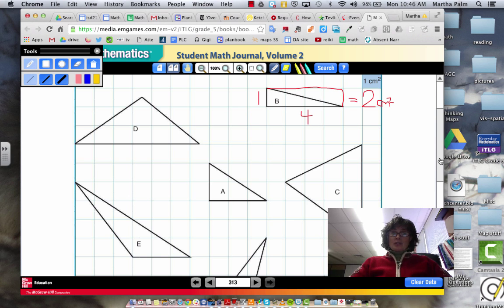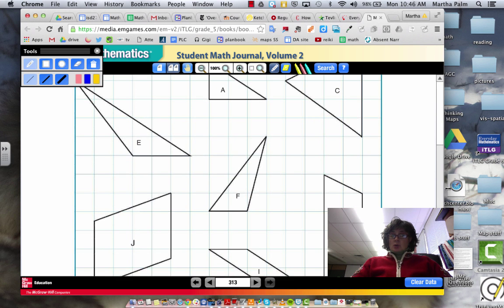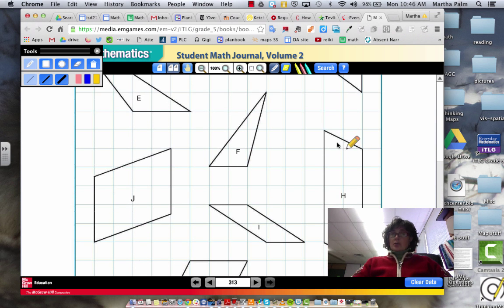But there are all sorts of other tricky kinds of triangles. So why don't you do this one first, and this one you can easily make a rectangle out of. And let me show you how to do this part. Okay, so when you look at this parallelogram, right?